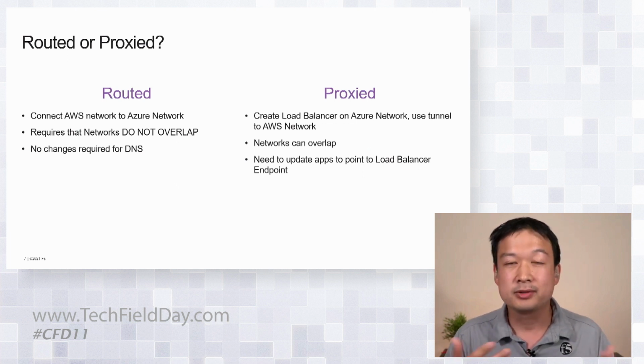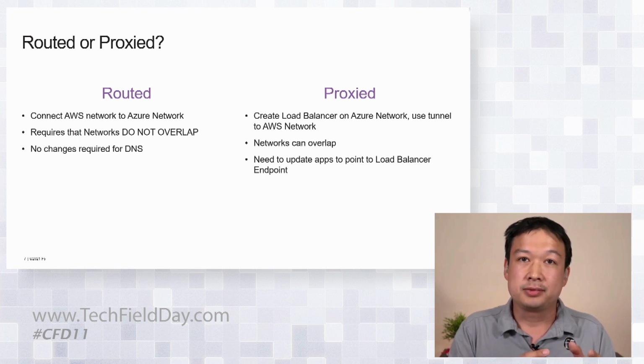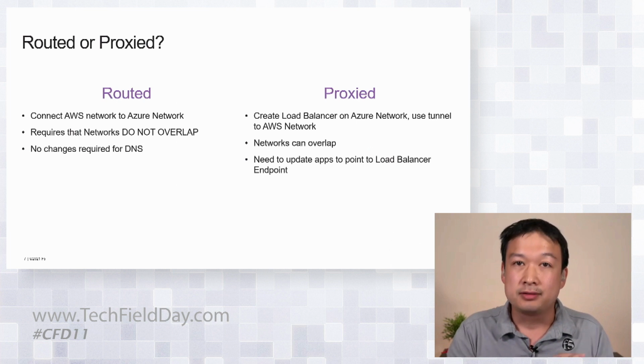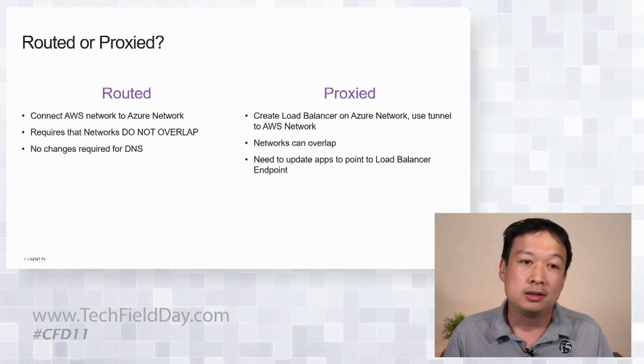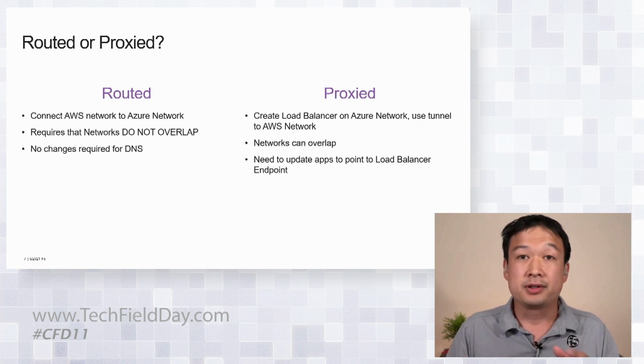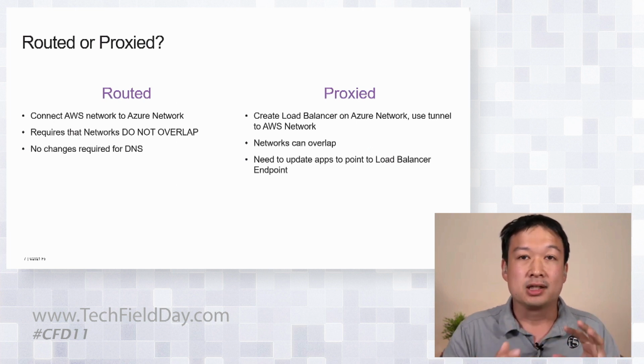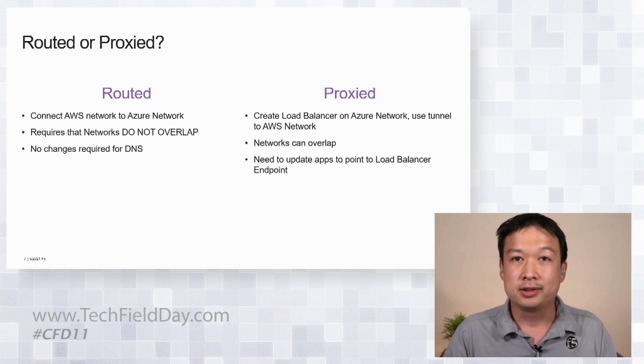Because we're talking about enterprise, we're talking about cloud. In some cases, you may not have the luxury of changing the IPs that an application is using, it's fixed on the application side. So you have to go down this routed path. On the other side, if you go down the proxy path, this is very good because you don't have to worry about overlapping IP space and creating tunnels, but you run into the next problem: how do I build this proxied resource so I can then update the application?